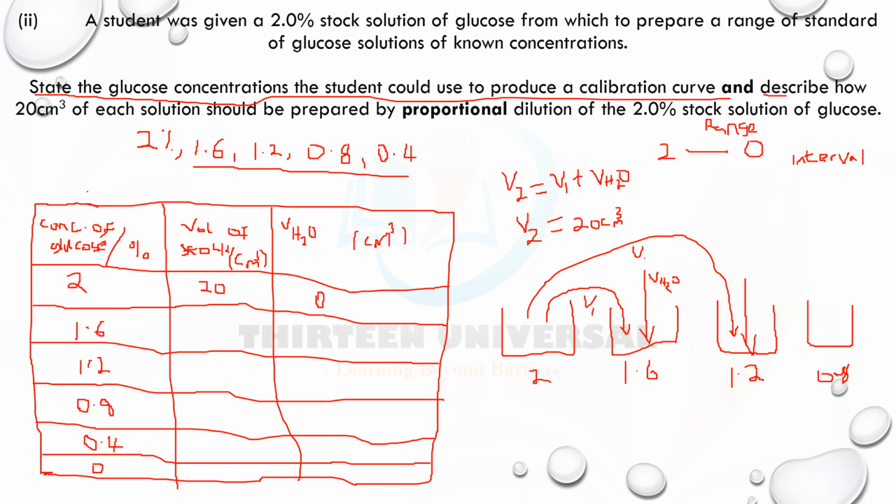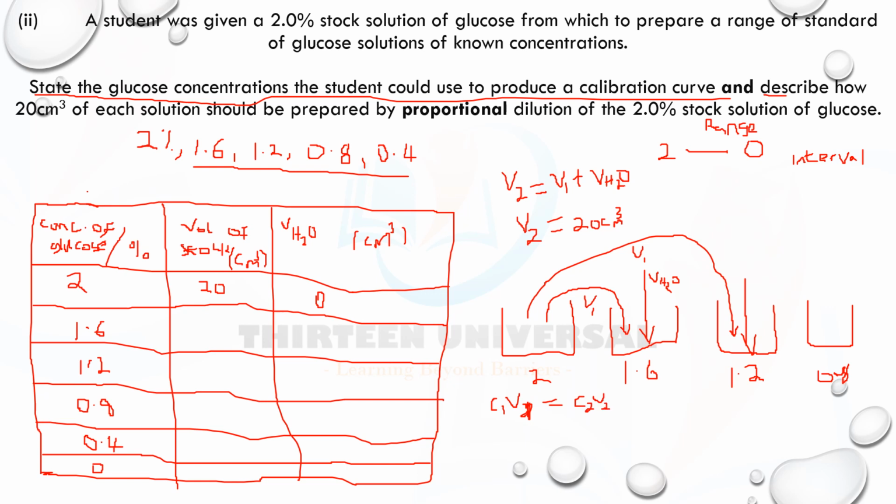So if I'm going to make 1.2 from 2, guys, this is taking time, but it's okay. Remember that you always need to calculate your V1. From the dilution formula, C1 V1 equals C2 V2, we're looking for V1.